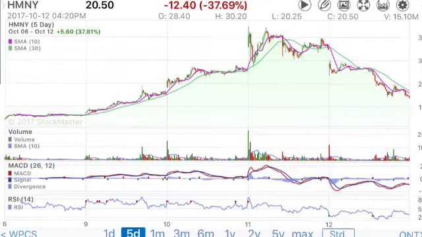Below it, you see the SMA 10, that little purple square. If we move down to the chart, you see that little purple line. A lot of people call it different things, but to me, that little purple line helps me indicate if it's going to go above or stay below.